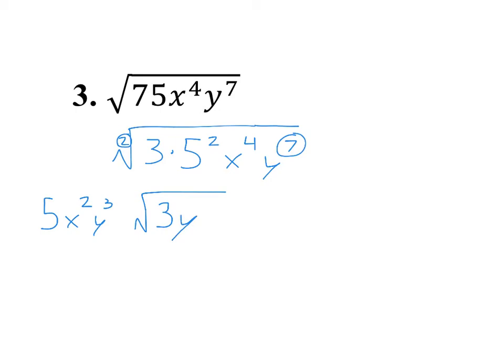So we have 5x squared y cubed, radical 3y. We don't need absolute value, because none of the exponents went even to odd.